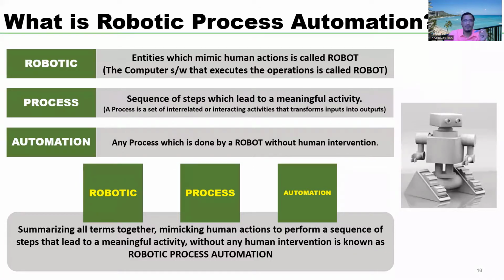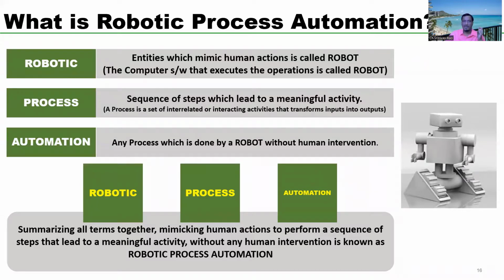Okay, now we'll come to RPA. What is RPA exactly? If we divide the terminology, it is robotic process automation. A robot is an entity which mimics human action. It is a software snippet which can work like a physical employee or full-time employee.